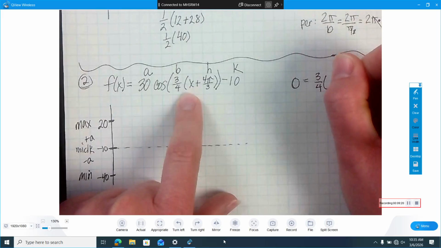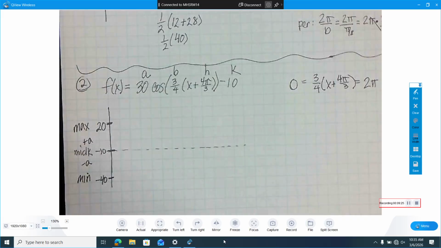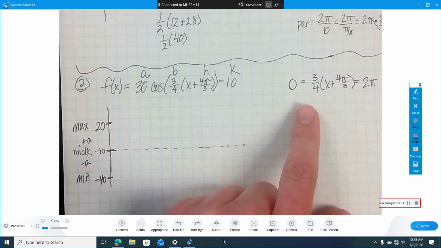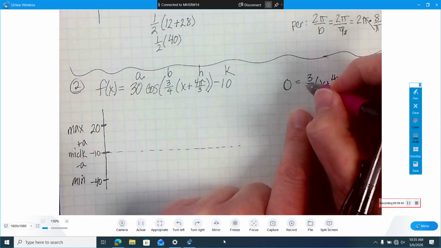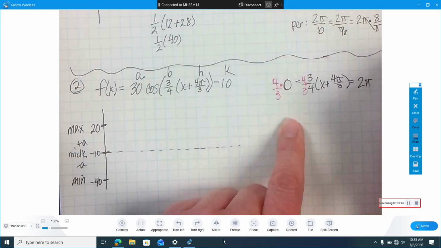So 3/4 times x plus 4 pi over 3 will help me get my new starting and ending points. What are we going to do first? Yeah, multiply by the reciprocal. So we can multiply everywhere by 4 over 3.